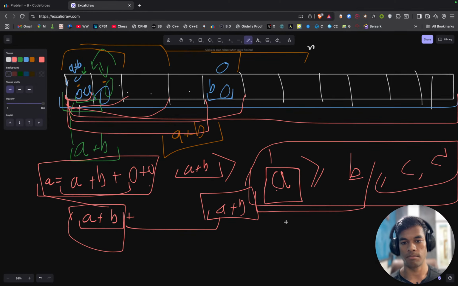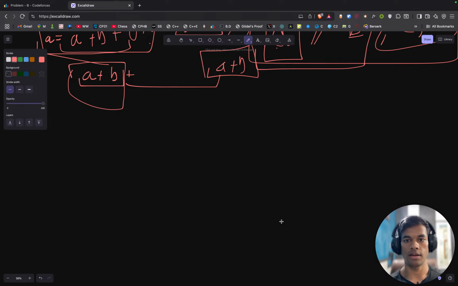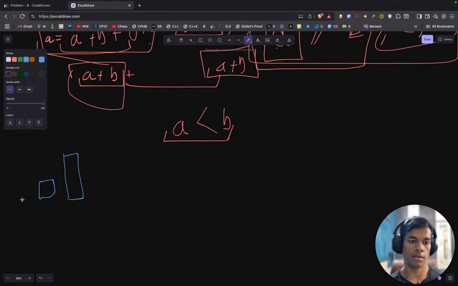But in the second case, when a is less than b, let's say I have elements. This is a, this is b, and then I have some elements.